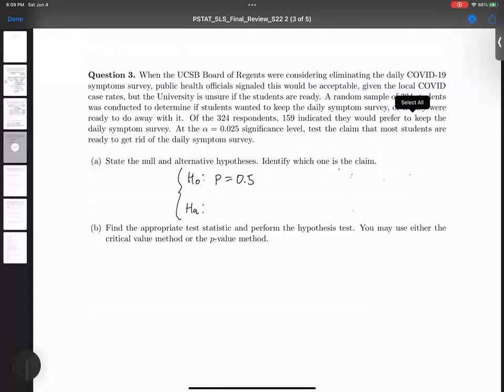And now essentially the claim is that we want to see if the proportion of students that want to get rid of the daily symptom survey is greater than 50%. So we'll say that P is greater than 0.5. This is also the claim.